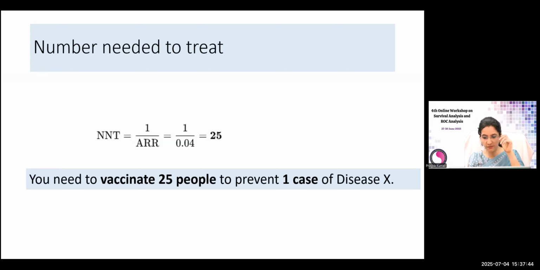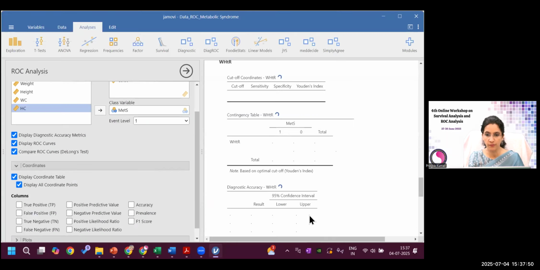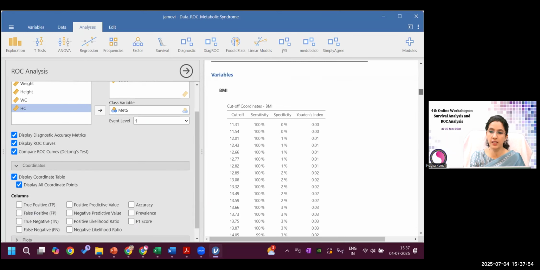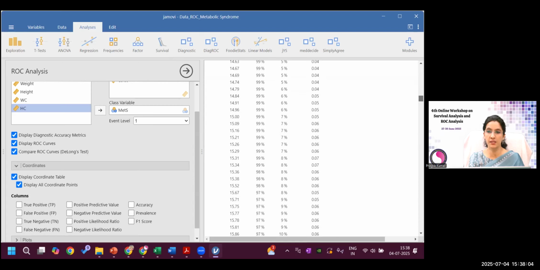So JAMOV gives you these values also. Now you can see, since this was so long, that's why it was taking time. It gives this cutoff of BMI. For every cutoff, it calculates sensitivity, specificity, and Youden's index. You can see this is so huge.